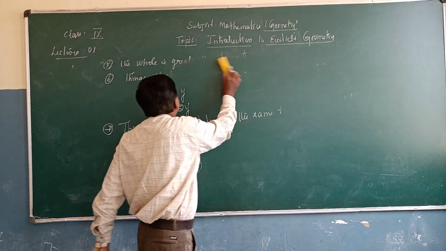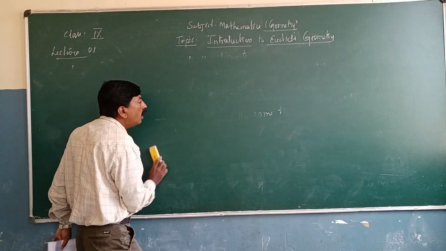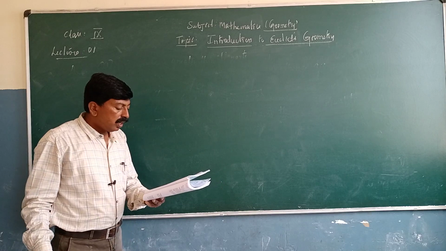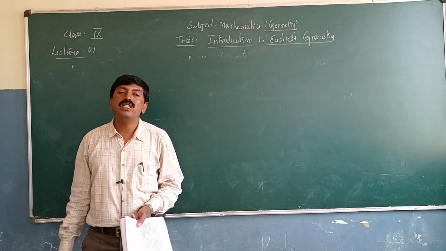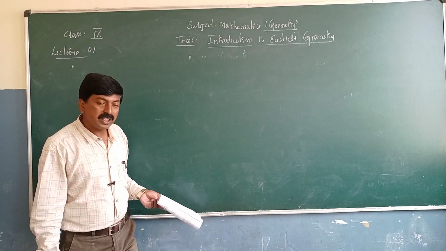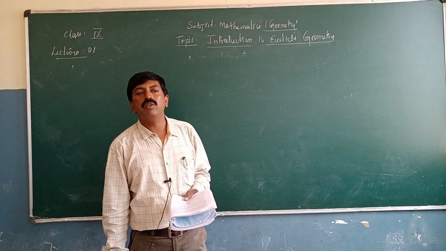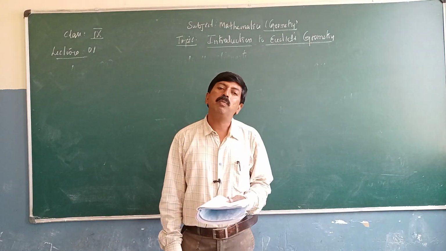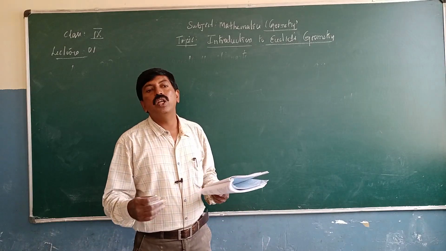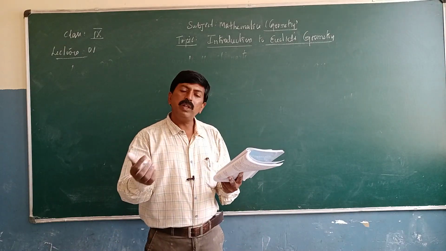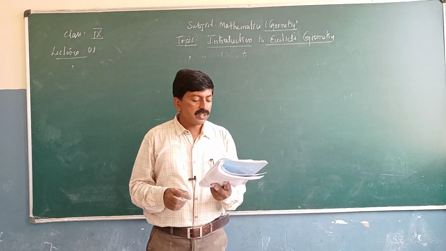And finally, the fifth axiom: the whole is greater than its parts. I think you already know the best examples we have taken. Of course, even by taking quantity or by taking angles, we can prove this statement. Even that is also accepted with proof and discussion.